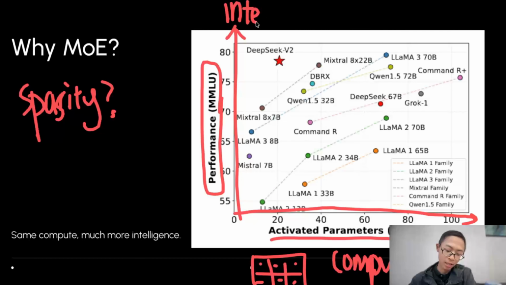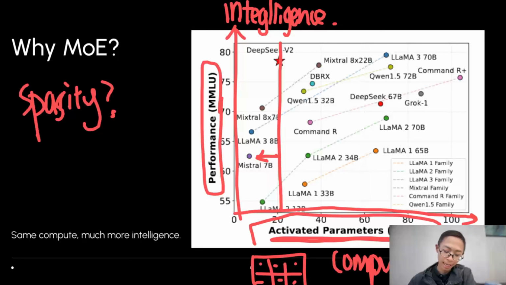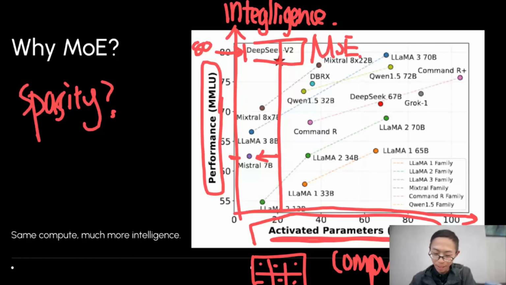We can think of it as the intelligence of the model. With the same compute, this Mistral 7B has around 50 levels of intelligence, whereas DeepSeek with MoE suddenly has this 80 level of intelligence. So the same amount of compute, but a much higher intelligence or performance.